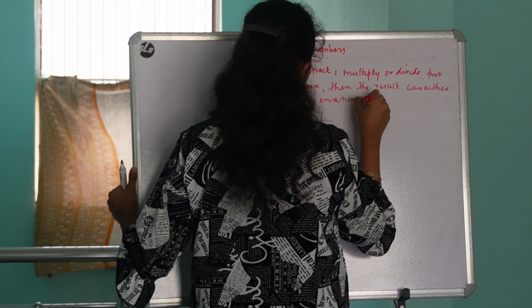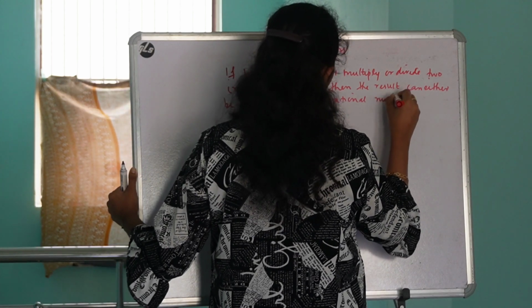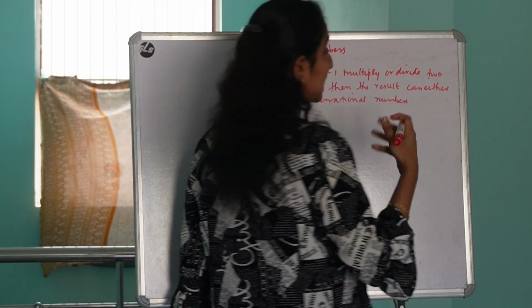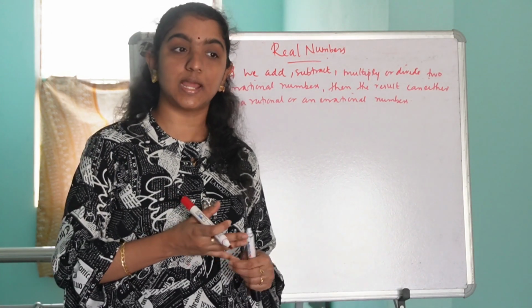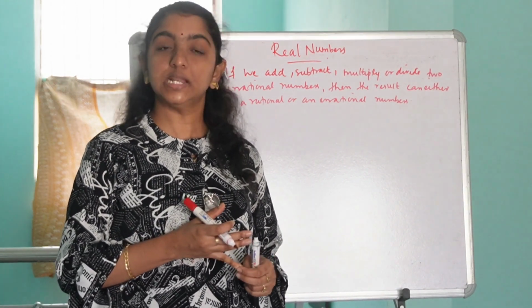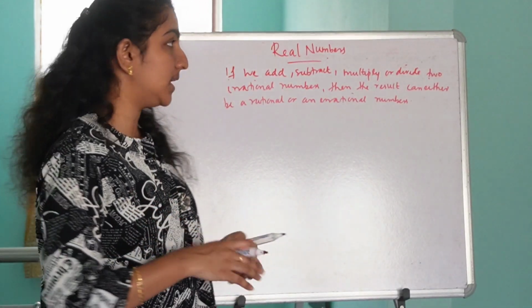So here in this case, when we add, subtract, divide or multiply two irrational numbers, there are two possibilities. Either the result can be an irrational number, or else the result can be a rational number.